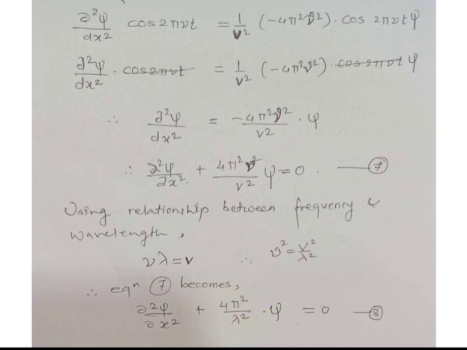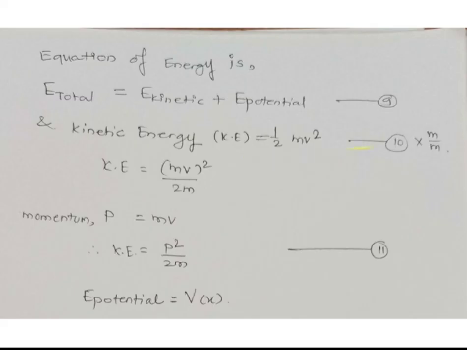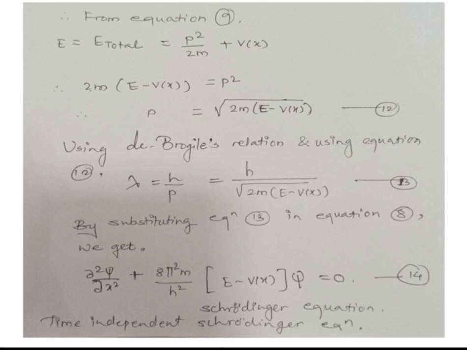So by putting the value of λ in equation number 8, we will get the final equation: ∂²ψ/∂x² + (8π²m/h²)(E − V(x))ψ = 0, where ψ is the wave function and the whole term is equal to 0.